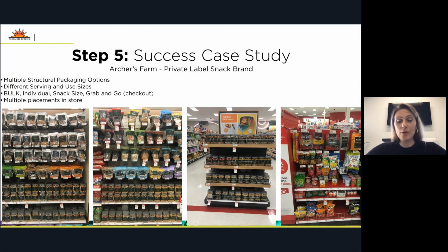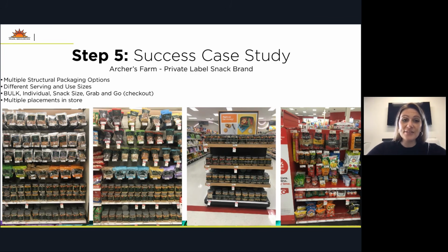At the very top, you have grab and go, less expensive products that are within the stand-up pouch, flexible film, which is a cheaper form of packaging. It's lighter, it's not as heavy, and has a lower price point. And then you can see below that in these colored bags are mini bags of peanuts and almonds and raisins, so that parents can grab them and they're already pre-parceled and put into serving sizes.